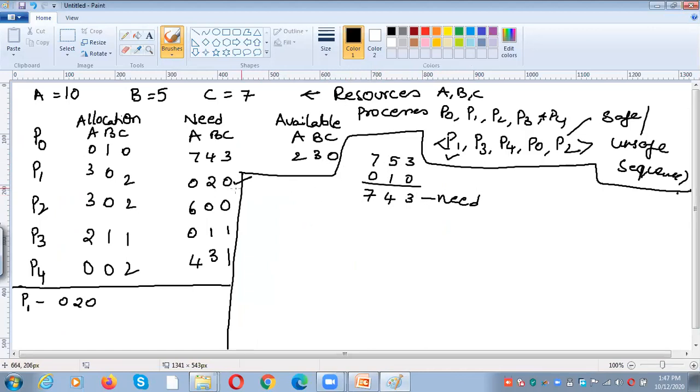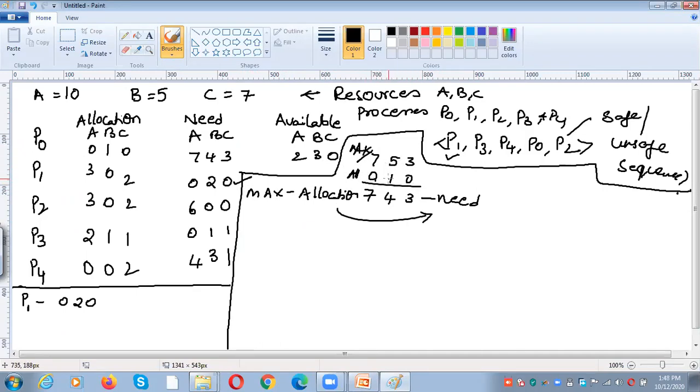This is the need. Need means max minus allocation. This is the maximum need 7 5 3, but you have allocated 0 1 0.